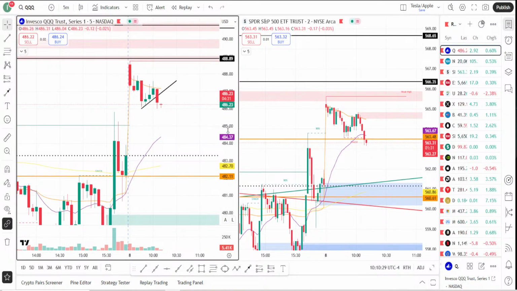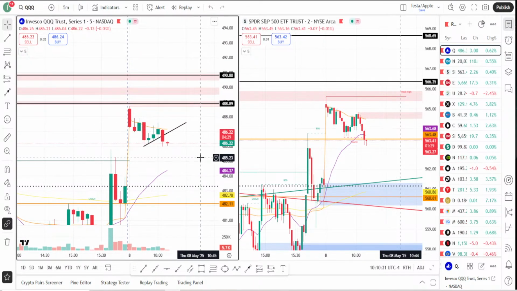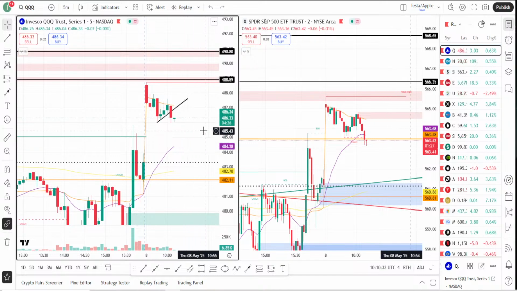Might be an attempt at filling this gap. I don't like how this market's moving today, man. Honestly, I just don't like it. It's not giving me that kind of assurance that it's gonna go down.